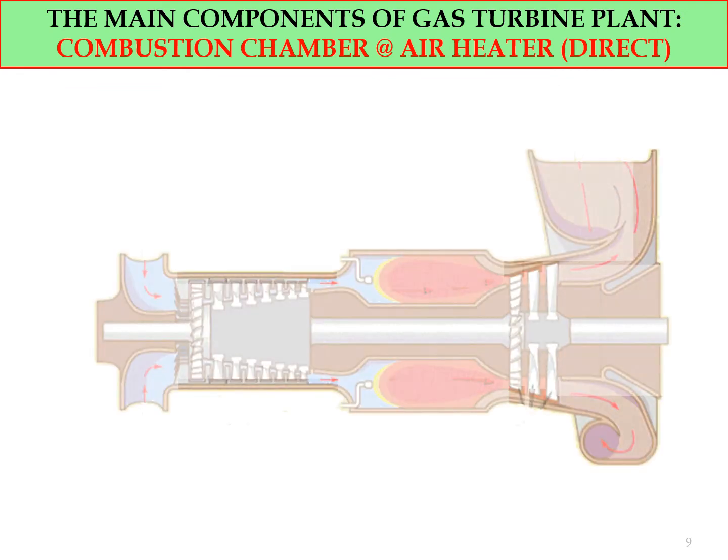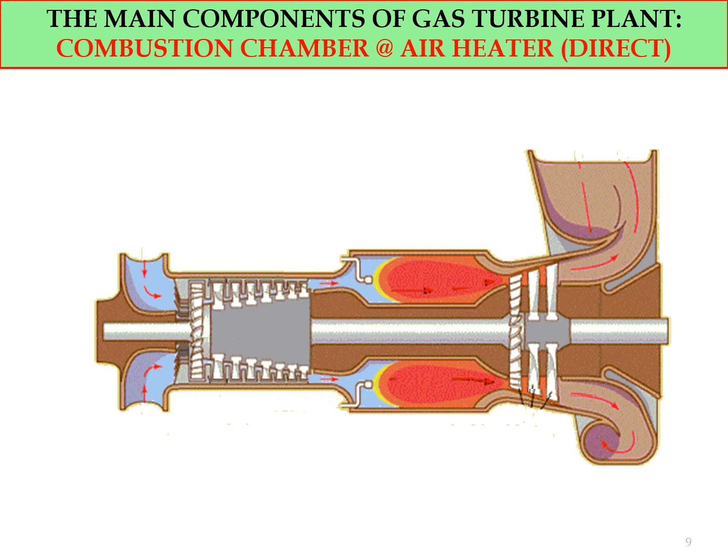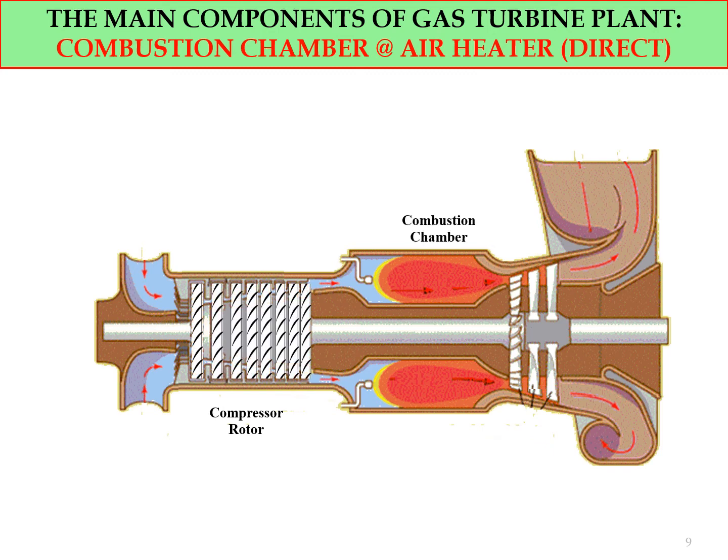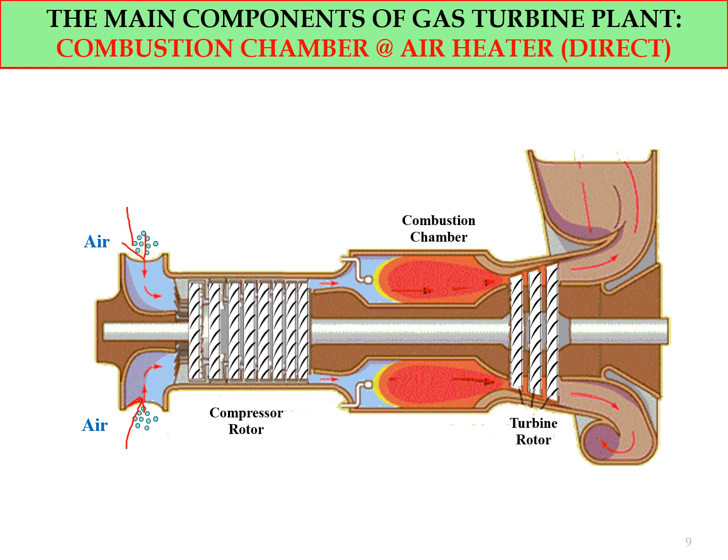The main component of a gas turbine plant: combustion chamber or direct air heater. So this is the cross section of the gas turbine, and as you can see, this is the compressor rotor, and this is the combustion chamber, turbine rotor, and the air will go into the compressor rotor from here.